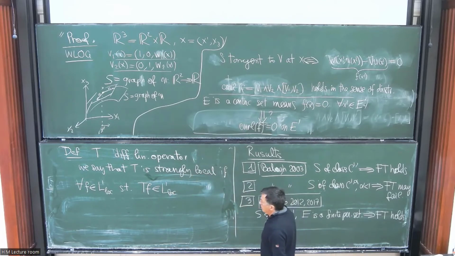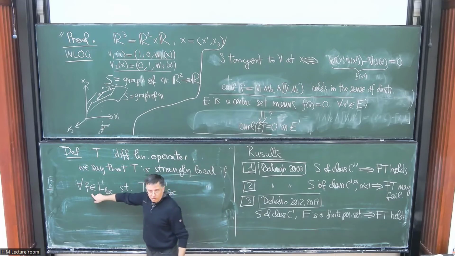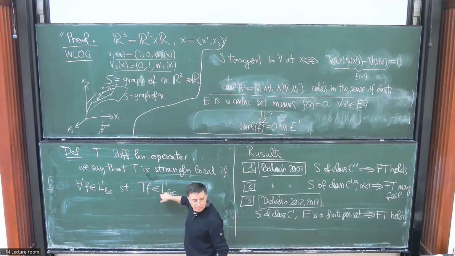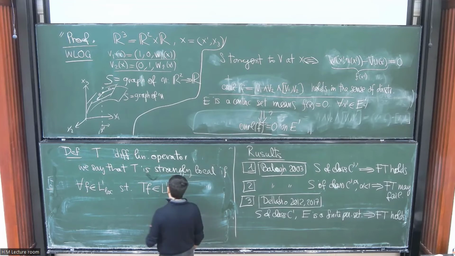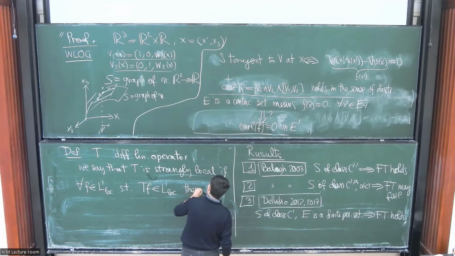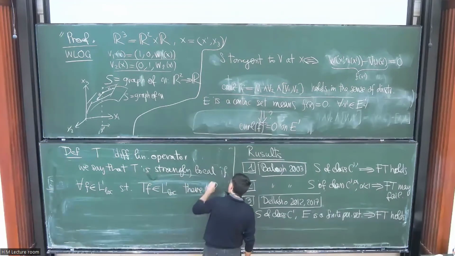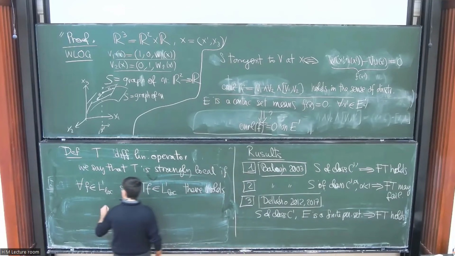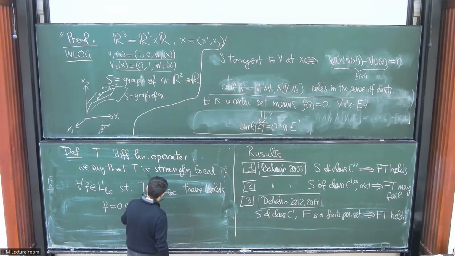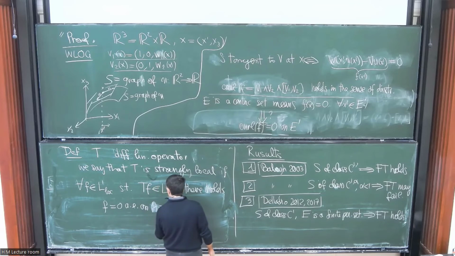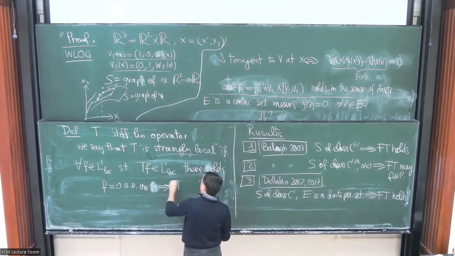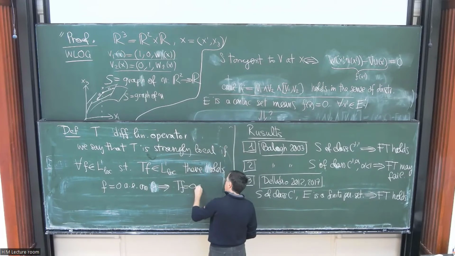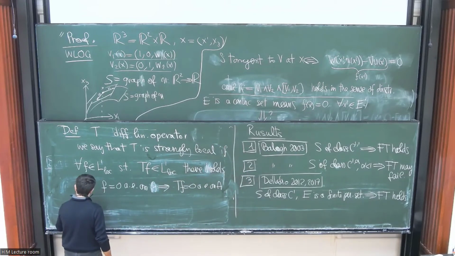Do I know that if f is 0 almost everywhere on a set, then also the operator has to be 0 almost everywhere on the set? So the following implication holds: if f is 0 almost everywhere on a set A, then the same is true for T of f, and this for every Borel set.